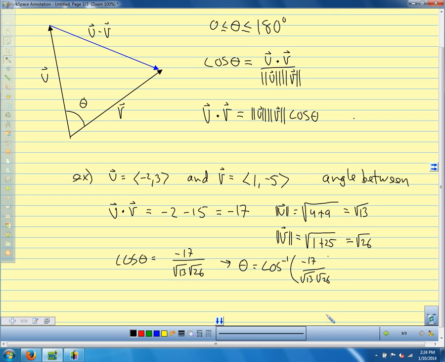I can plug this into my calculator, calculate it all out, press the inverse cosine button, and I get that this is approximately equal to 131.8 degrees. So the angle between those vectors is about 131, almost 132 degrees.